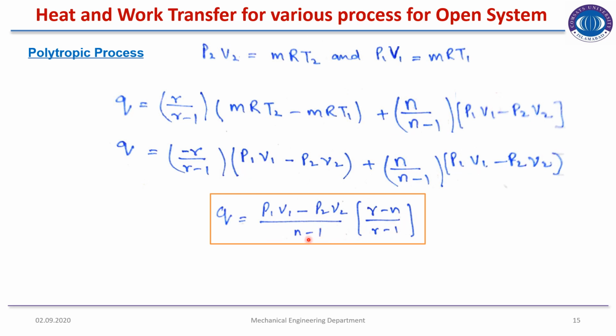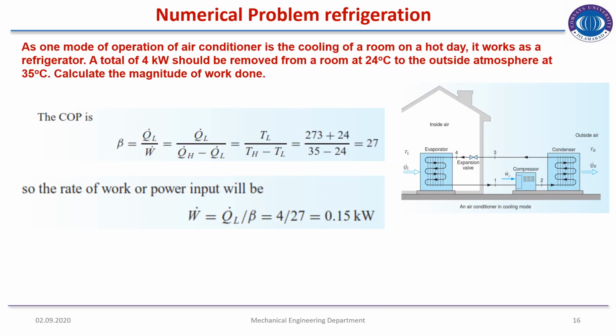So n minus 1 is in the denominator, bracket is gamma minus n divided by gamma minus 1. That is the value of heat transfer for open system for polytropic process. So by comparing the heat transfer for open and closed system for polytropic process, we found that both the values of heat transfer for open and closed system for polytropic process are equal.